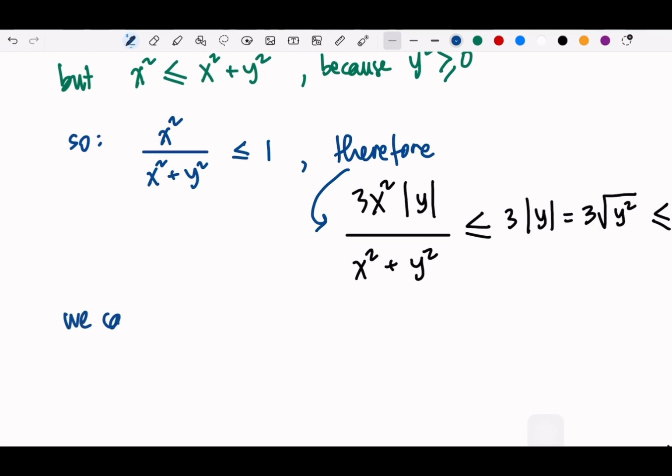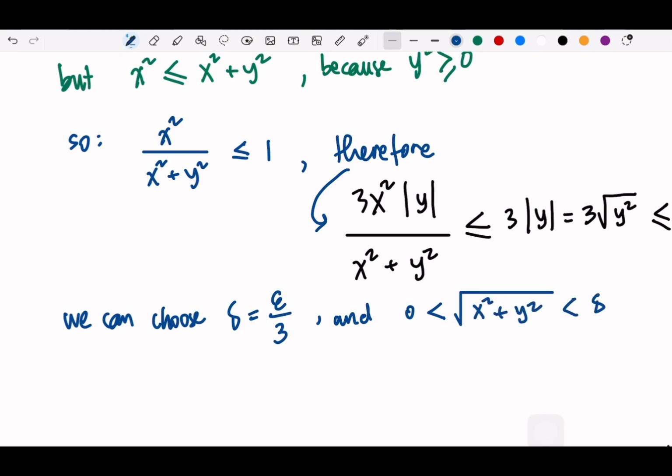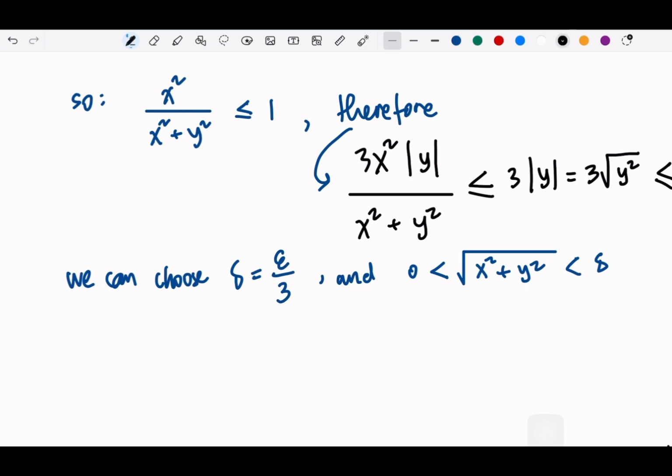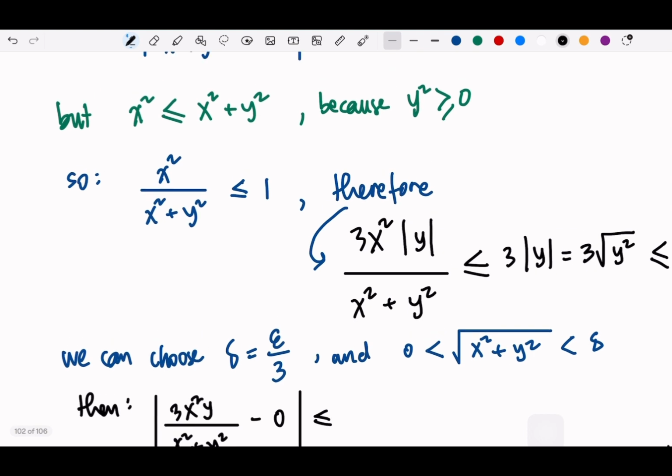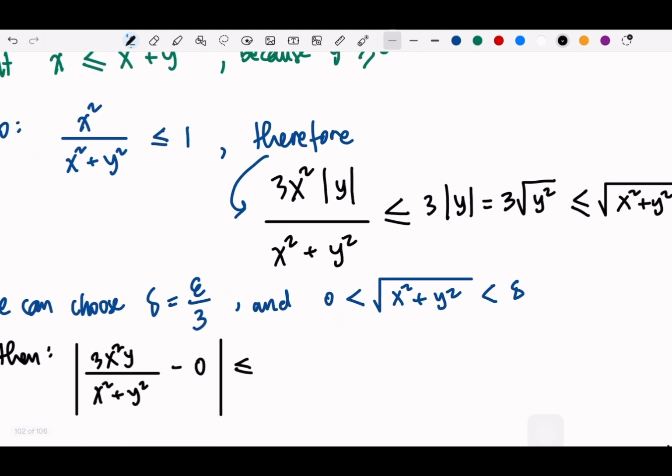So we can choose the delta as epsilon over 3, and we have the delta in between this, and then from the epsilon that we have, and for sure from our equations, this must be less or equal to 3.